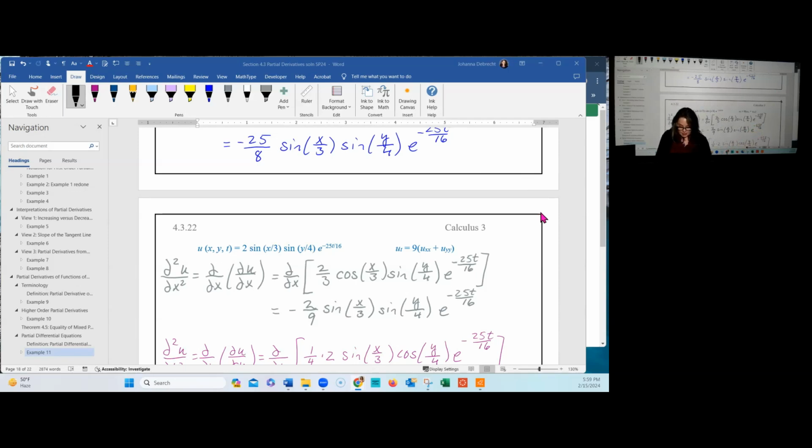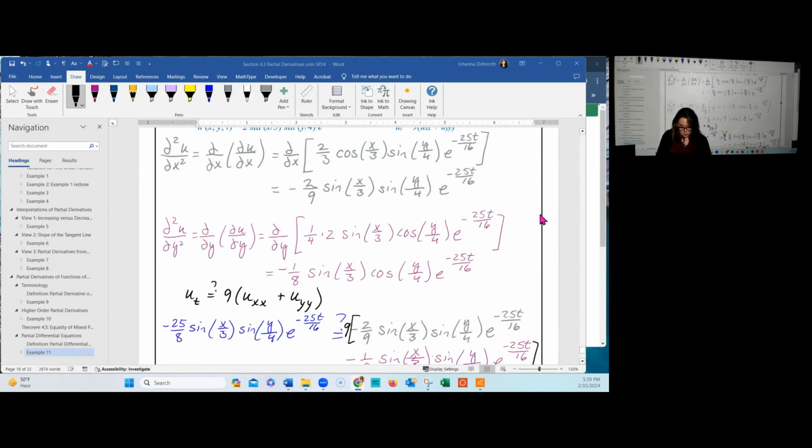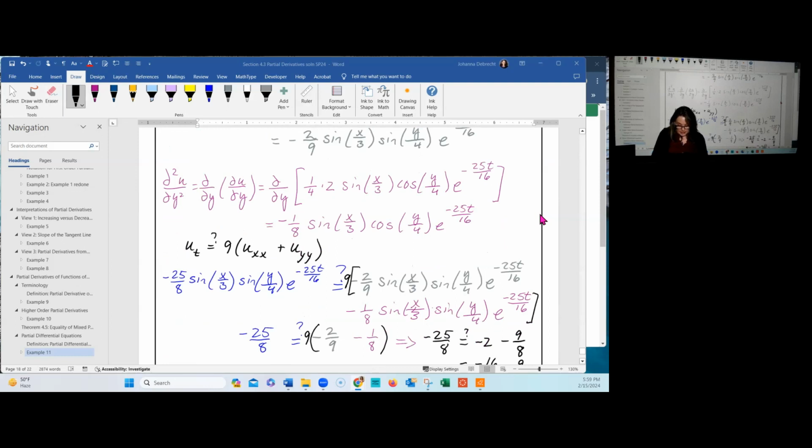When we take the second partial of u with respect to y both times, we get -1/8 multiplied by the same factors as we found in the second partial of u with respect to x both times. In other words, the only difference between these two is the constant at the front.